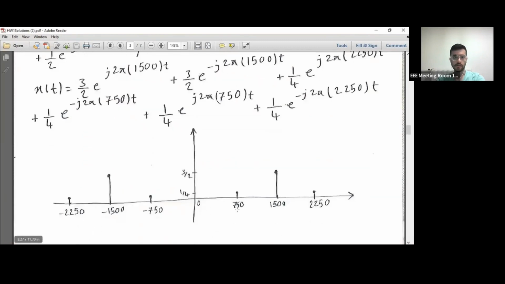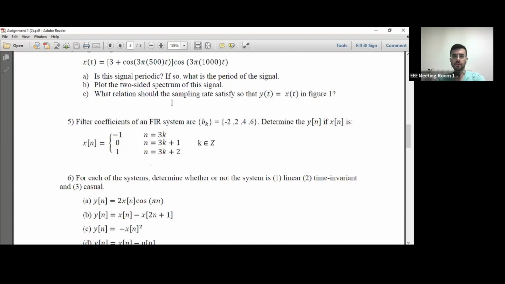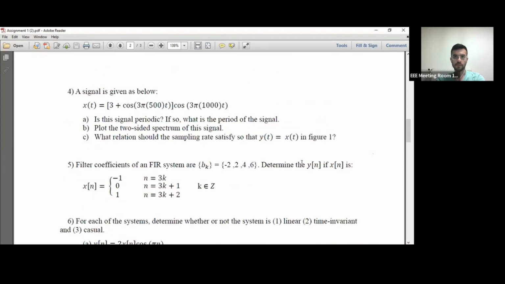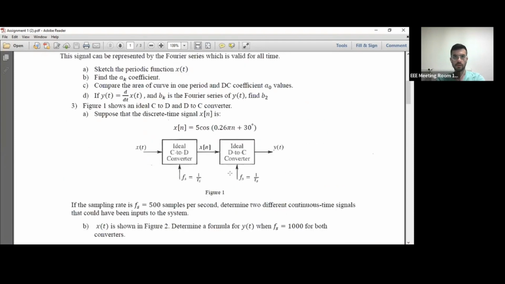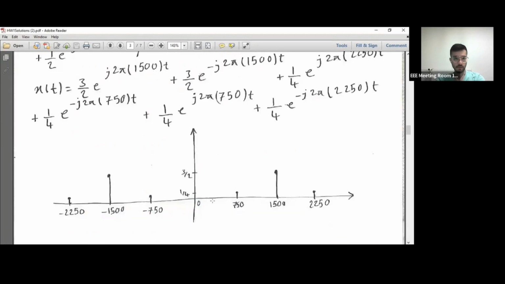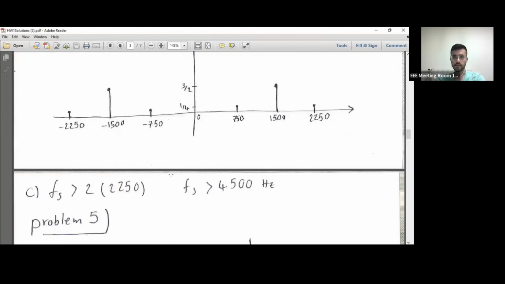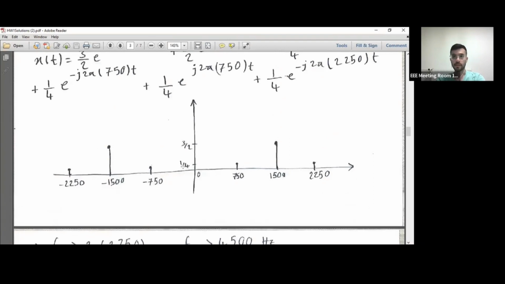You can see the frequencies and the amplitude that are important for this plot. So what relation should the sampling rate satisfy so that y of t equals x of t in figure 1? So what was this figure 1? Here. So as you can see here and as you can guess, the sampling rate should be twice the highest frequency that we have in the spectrum. So the highest frequency in this spectrum is 2250.